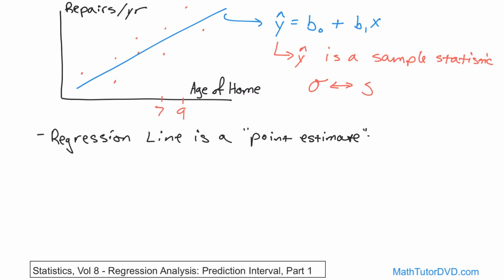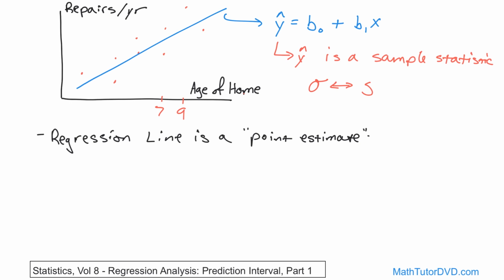But here's the punchline. What if I go and find 100 different people that have 8-year-old houses? And I ask them, hey, how many repairs per year have you had to do on your 8-year-old house? And I don't do this 1 or 2 or 3 times. I do it 100 times, or maybe 1,000 times, or maybe 10,000 times, 10,000 different homes that are all 8 years old. Do you think I'm going to get the same answer? Of course not.